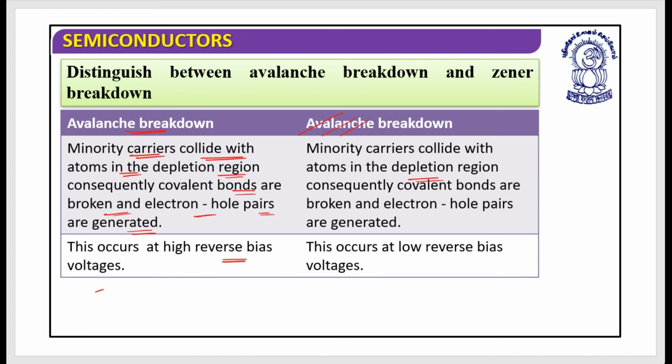So avalanche occurs at high reverse bias voltage, and Zener occurs at low reverse bias voltage, based on their dopings. We can arrange the doping level of the Zener, and so arrange its breakdown level.